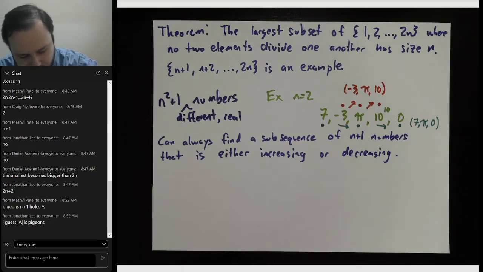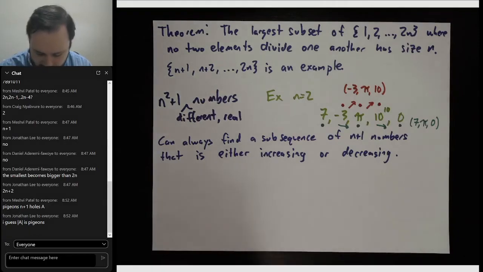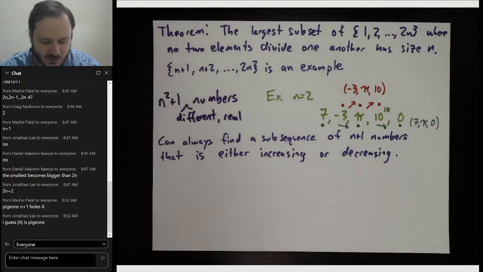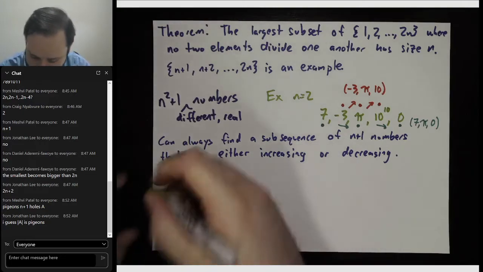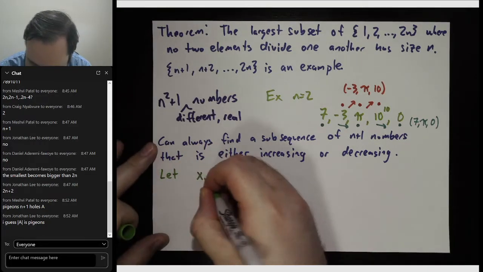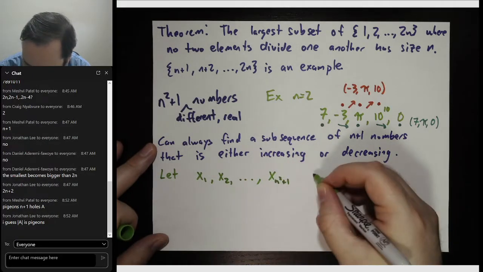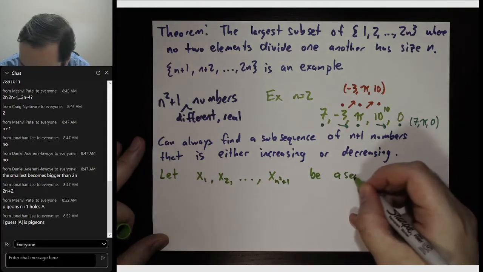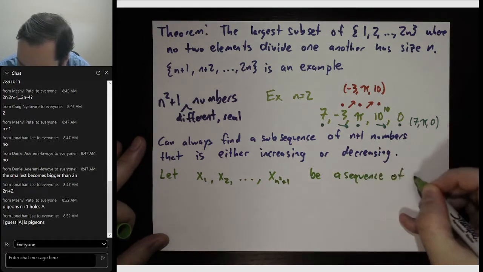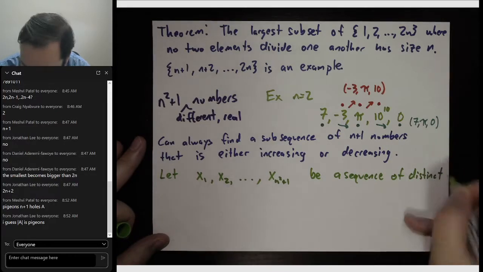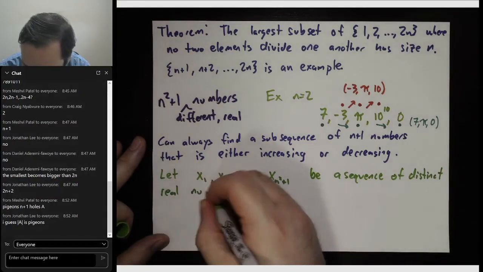So here's how this proof works. I'm going to number the elements of my sequence from x1 up to x sub n squared plus 1. Let x1, x2, all the way up to x sub n squared plus 1 be a sequence of distinct real numbers.